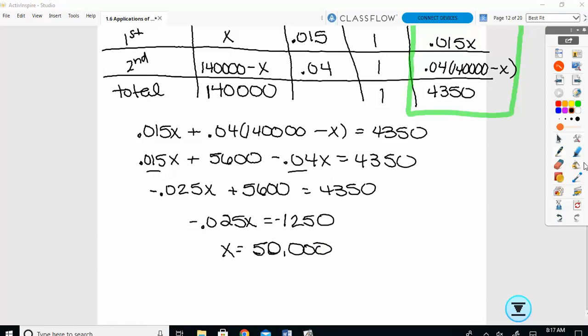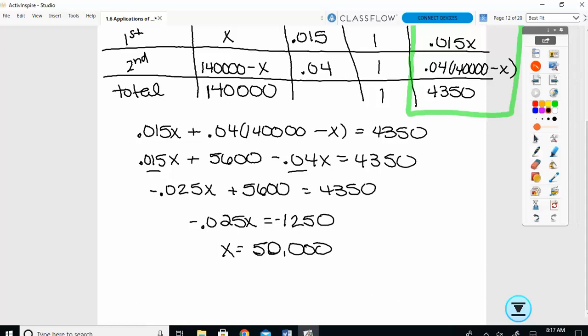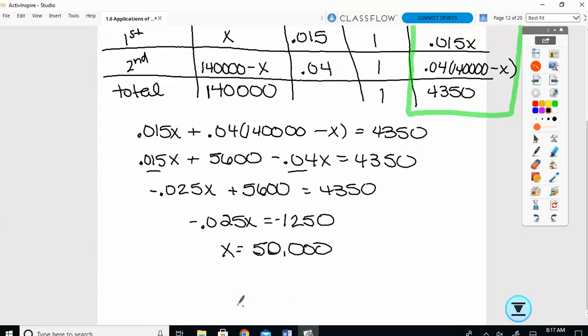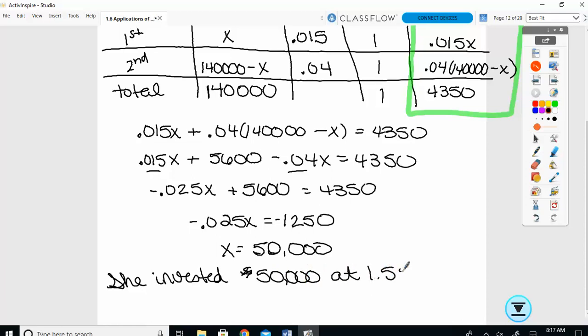Okay, so the question was, what did I ask? How much at each rate? So she invested $50,000 at 1.5%.